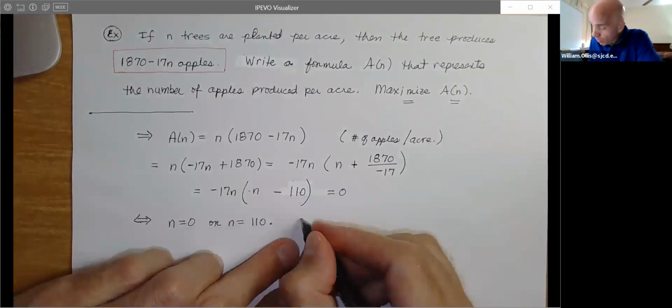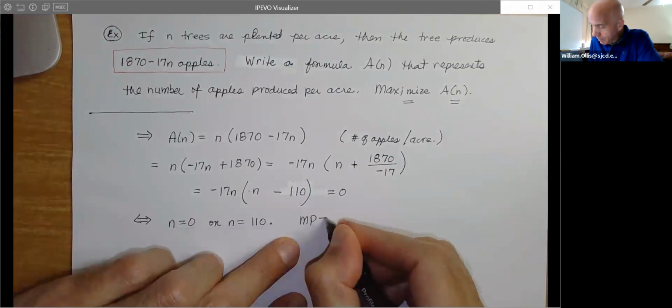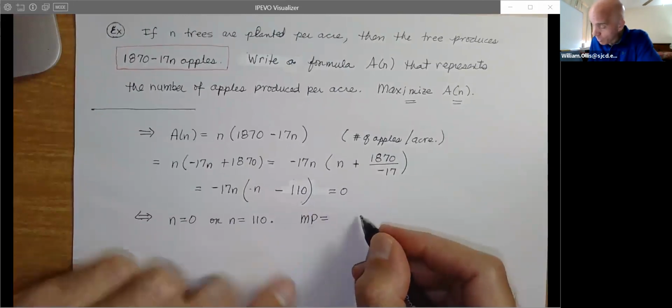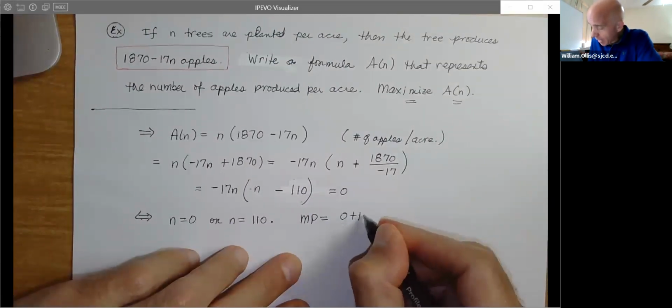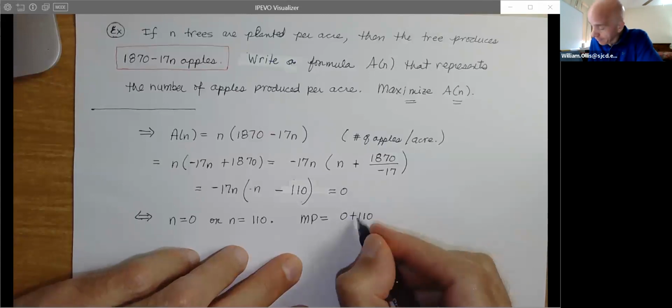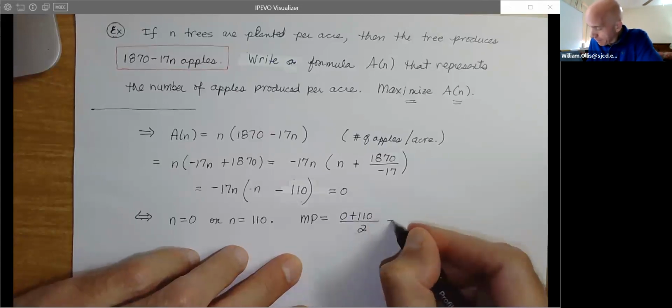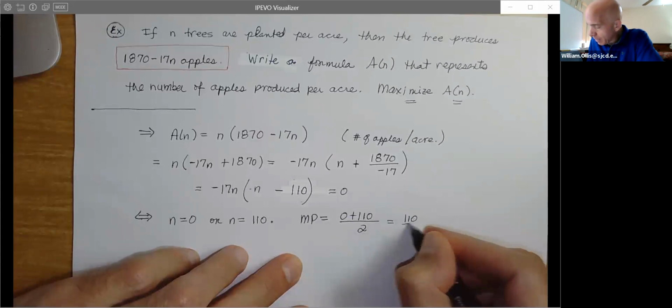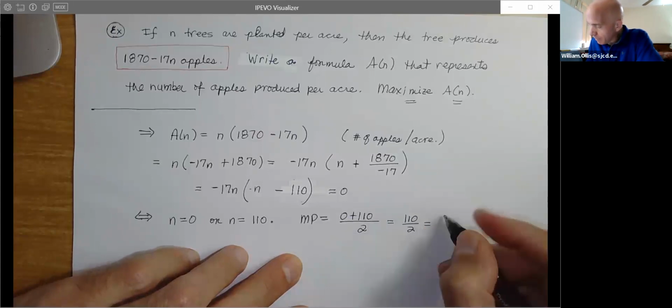So now the midpoint will be what? 0 plus 110 divided by 2. So that's 110 divided by 2, which will be 55.